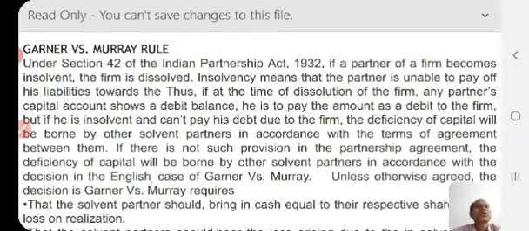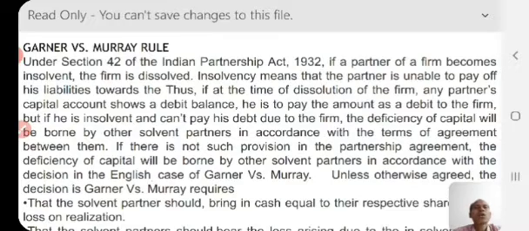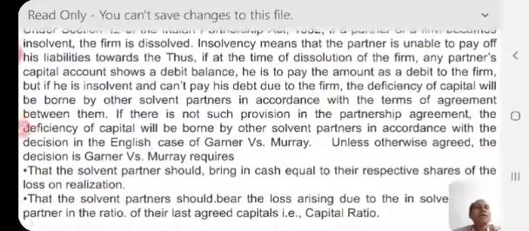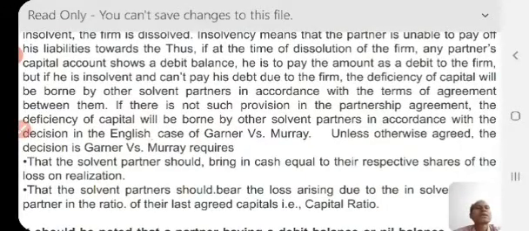At the time of the dissolution of the firm, if any partner's capital account shows a debit balance, he is to pay the amount as a debit to the firm. But if he is insolvent and can't pay his debt due to the firm, the deficiency of capital will be borne by other solvent partners in accordance with the terms of agreement between them.